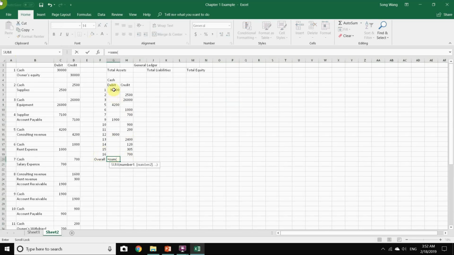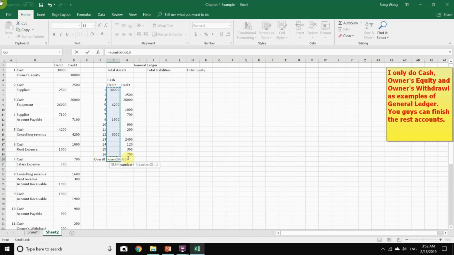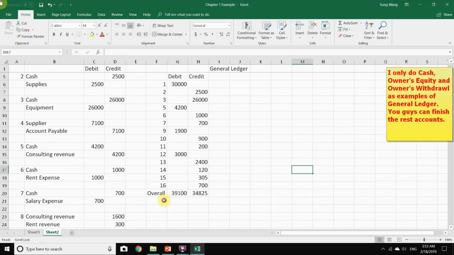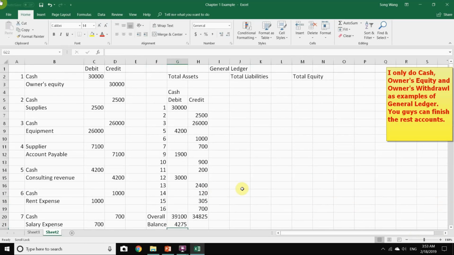Use a sum, and I get all the numbers here, and you can just drag it to the column to the right. Okay, so the balance is basically the debit minus the credit. So that's 4275. That's just for cash only.